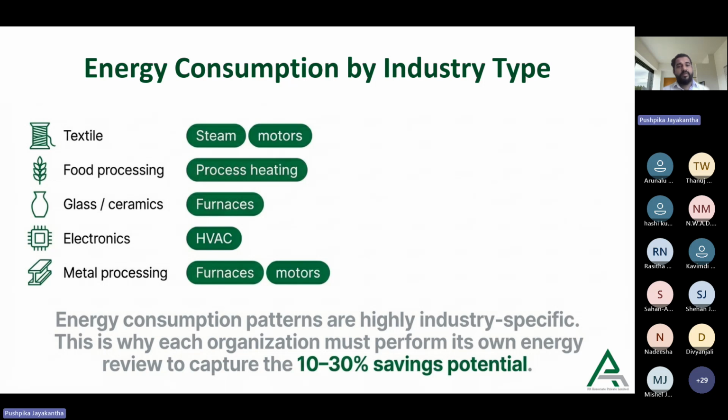And in glass or ceramic industries, furnaces often represent the largest energy consumption. And in electronic manufacturing industries, significant HVAC loads due to environmental control requirements. So this variation demonstrates why every organization must conduct its own energy review.